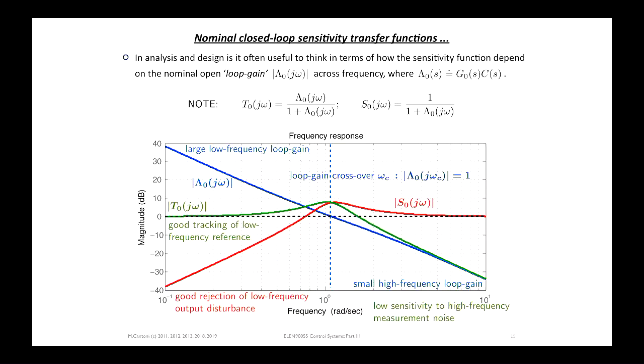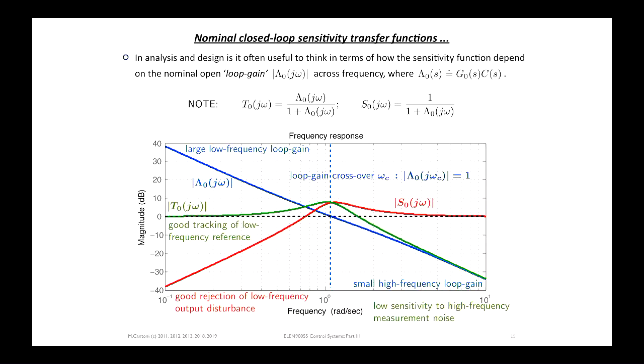That's the hardest thing to achieve. To make T close to 1 and S small at low frequencies, you just need the magnitude to be large. That's all you have to worry about. You don't have to worry about the phase so much. To make this small at high frequencies, you just need to make the magnitude of lambda small. You don't have to worry about the phase so much.